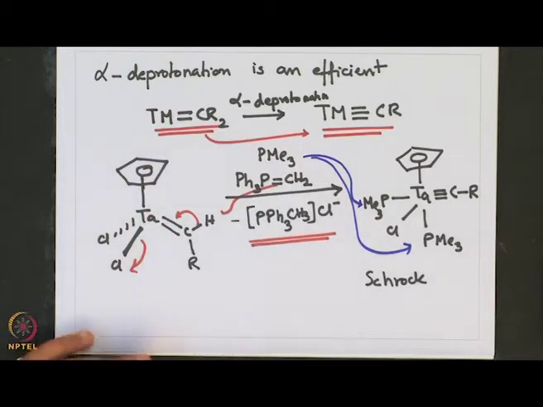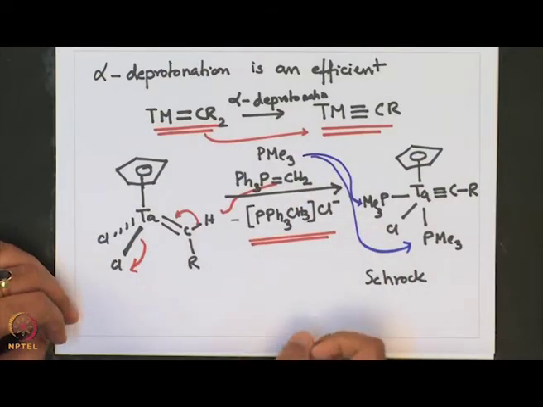Like the Fischer synthesis of treating Fischer carbene with Lewis acids like BX3 resulted in carbyne, similarly, the Schrock strategy of taking Schrock carbene and treating that with PPh3=CH2 in presence of PMe3 yielded the Schrock carbyne.